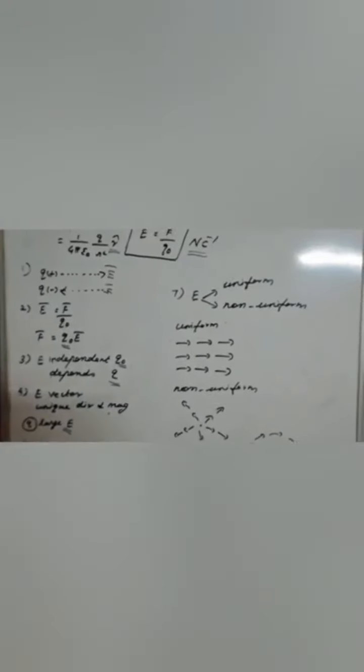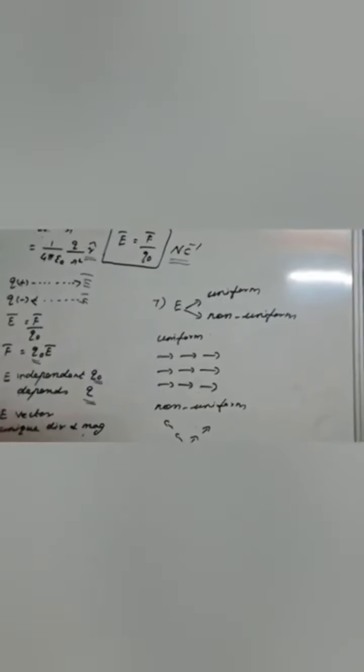Fifth point: according to the definition of electric field, usually we take the point charge Q naught as sufficiently small so that it will not modify the electric field. Sixth point: the electric field expression is valid only for point charges, because for continuous and finite size distributions, integration techniques must be used.